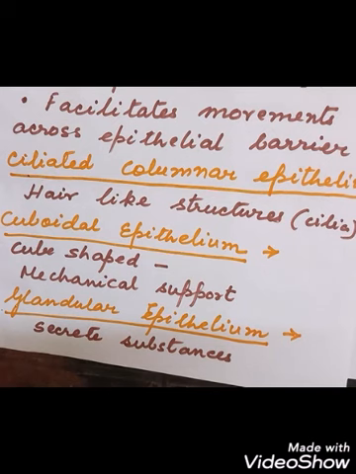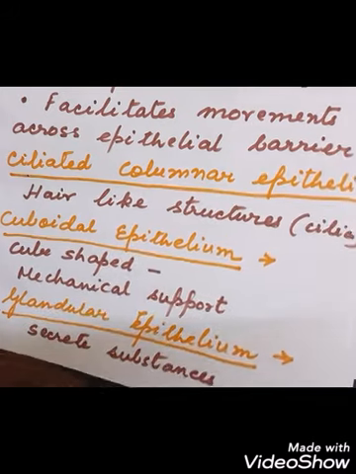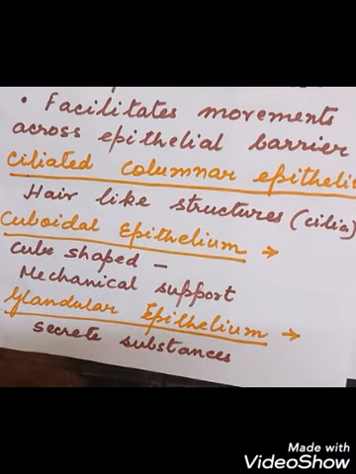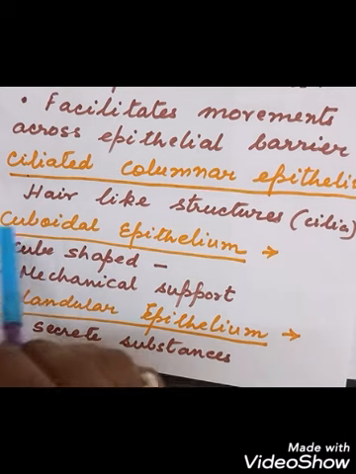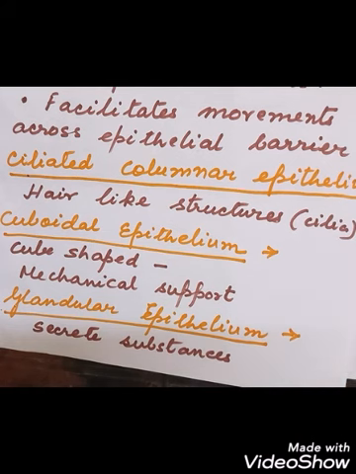So all these types of tissue, basically their function is to protect. They form a barrier and separate the different body systems. They cover most of the organs and the cavities. And sometimes with the cilia, the ciliated columnar epithelium helps to give out the foreign materials that have gone inside the respiratory tract by mistake.